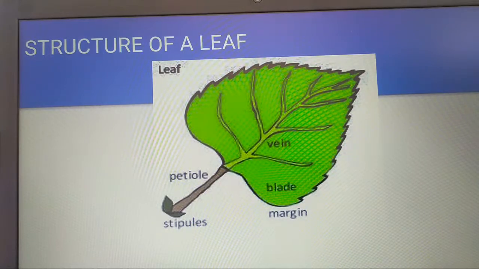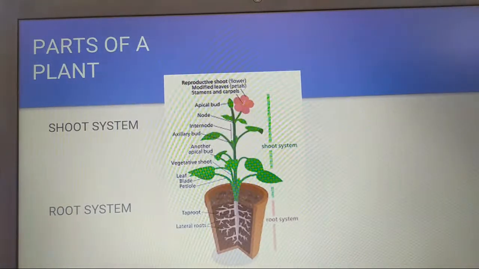That part of the leaf is attached to the stem, as you can see in the previous module. Here it shows green color only.